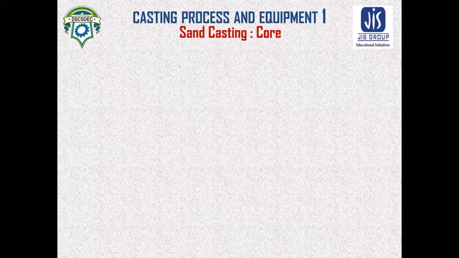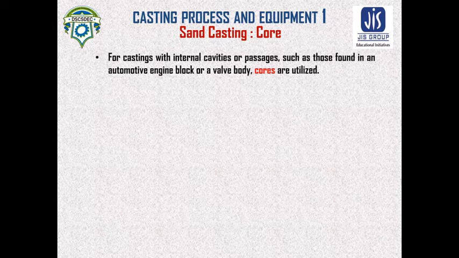So next we will discuss about core. Core is for casting with internal cavities. For casting with internal cavities or passages, those found in automotive engine block or valve body, cores are utilized.